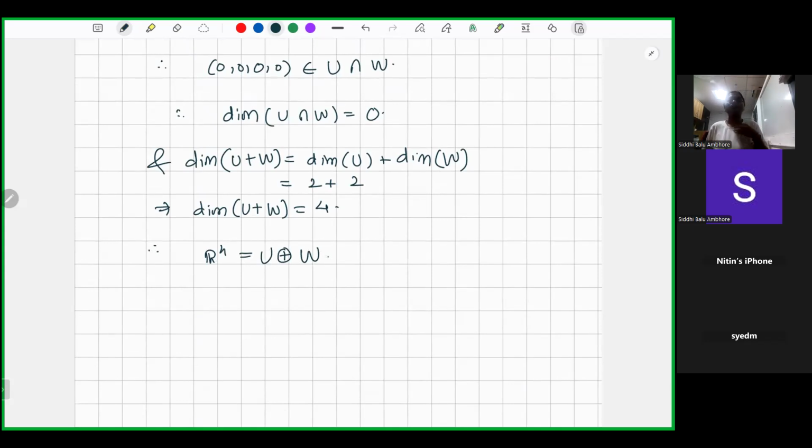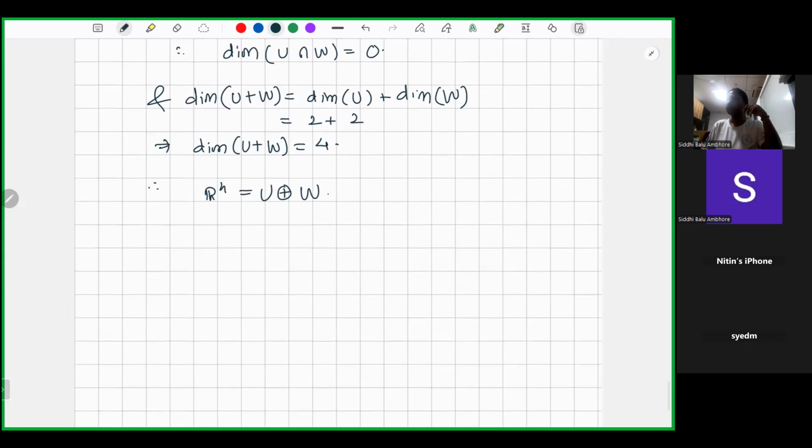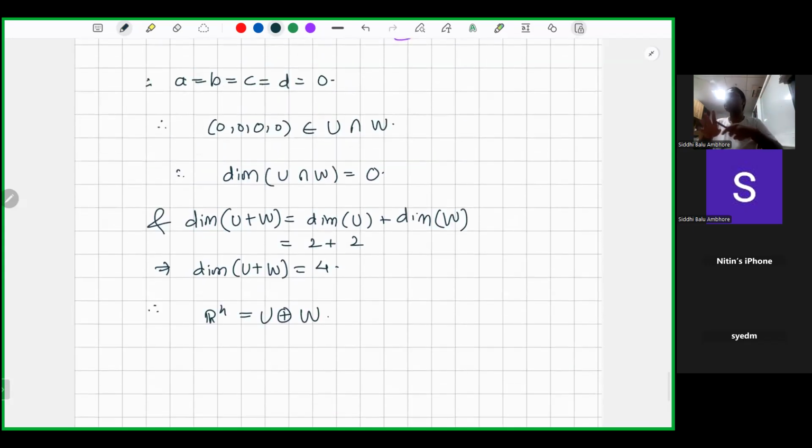So any doubts here? What we were trying to do is just check whether R3 and R4 are direct sums of the given vector subspaces of R3 and R4 or not.